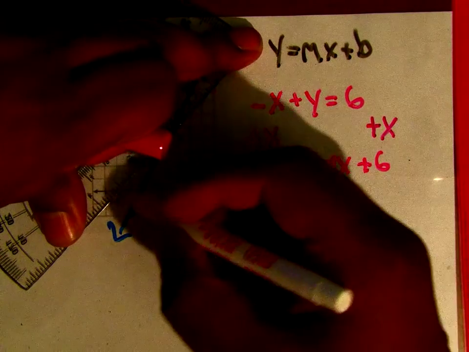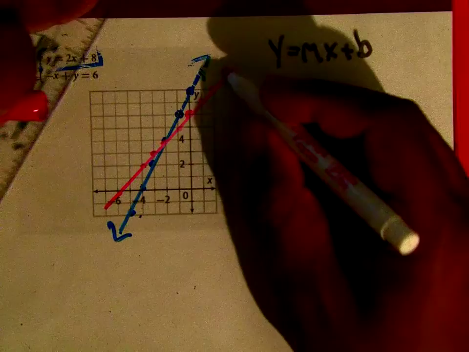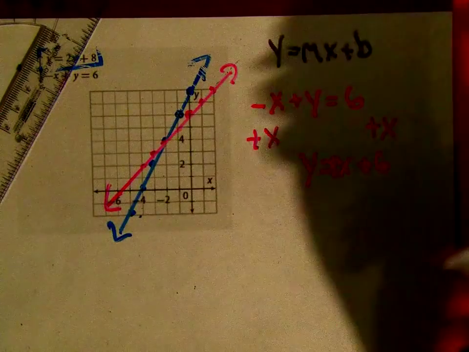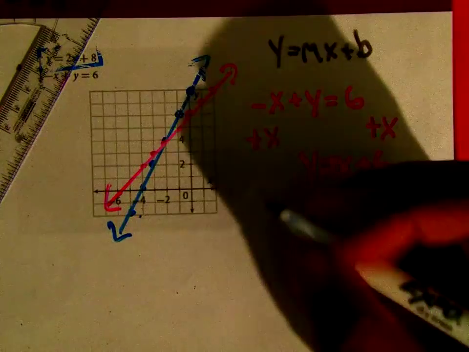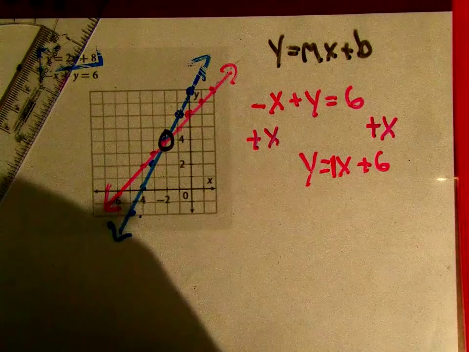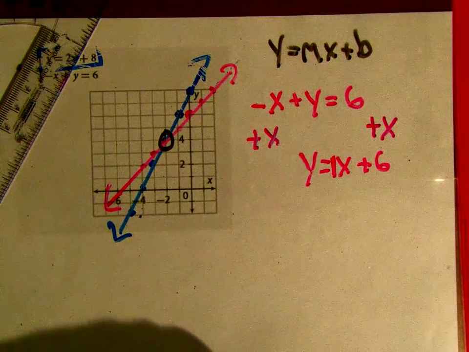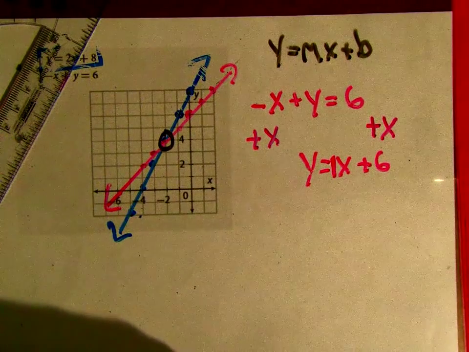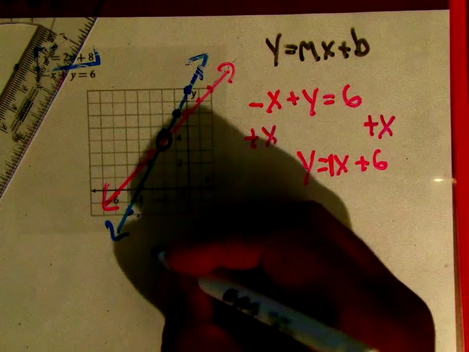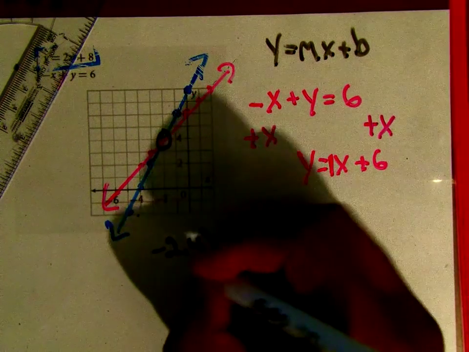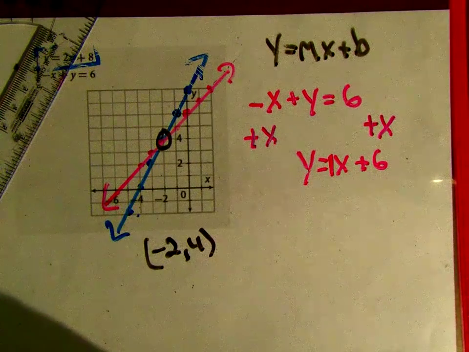Then take the straight edge and draw my line. The correct answer is where the 2 lines cross, which is right here, and that's going to be -2, 4.